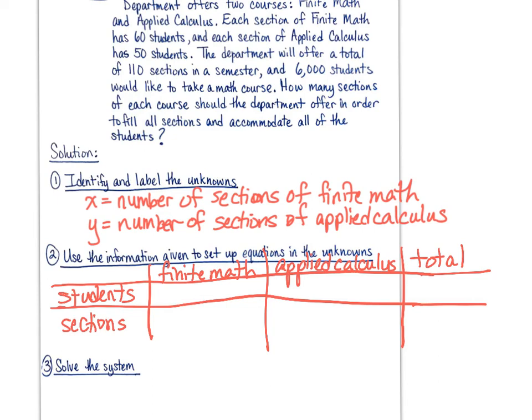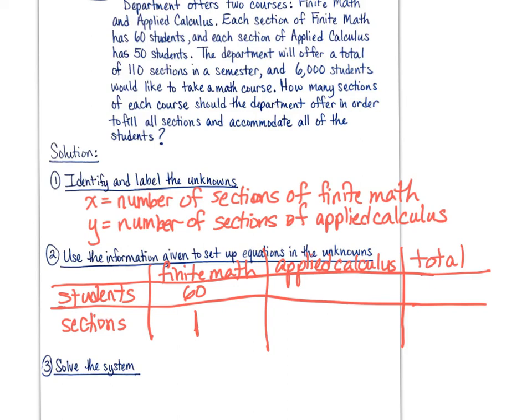Okay, so how many students do we have in finite math? 60. How many sections corresponding to that? It says each section of finite math has 60 students. 60 students, how many sections? 1.